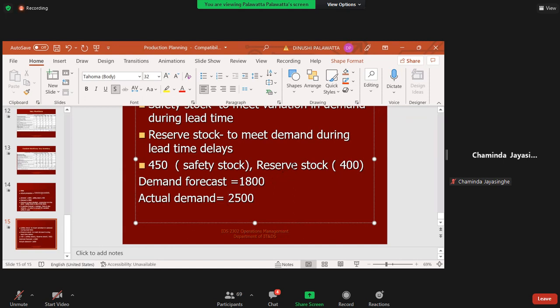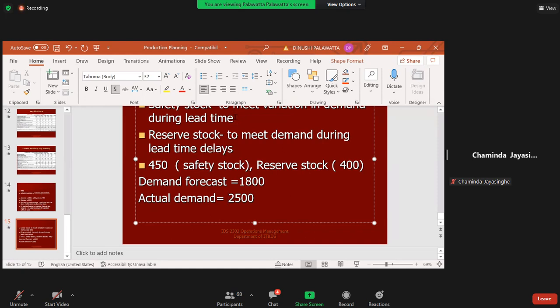This one is related to meeting demand during lead time delays. The safety stock is to meet variation of demand during lead time. The lead time delays also can happen.